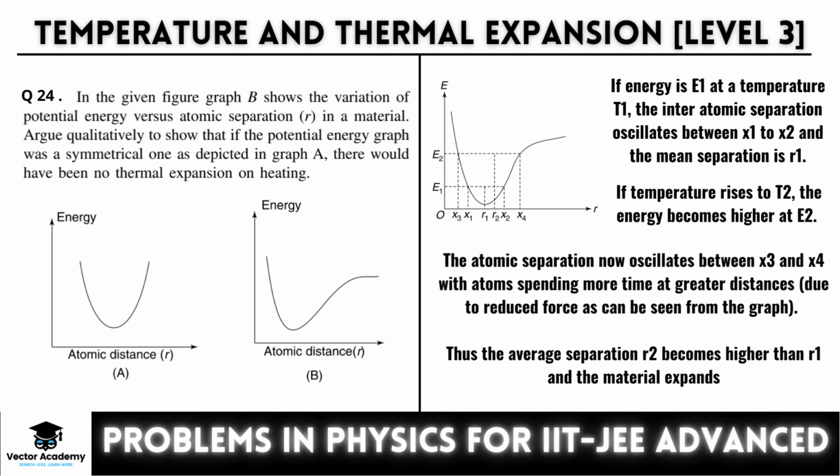The atomic separation now oscillates between x3 and x4 with atoms spending more time at greater distances due to reduced force, as can be seen from the graph. Thus the average separation R2 becomes higher than R1 and the material expands.